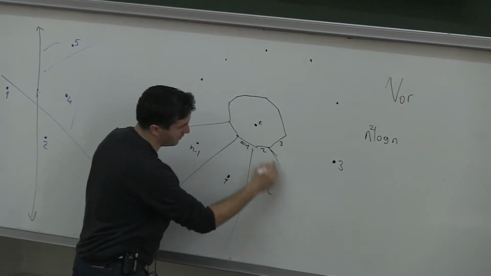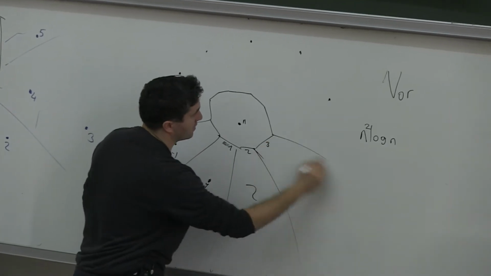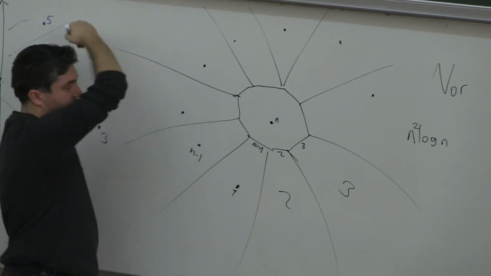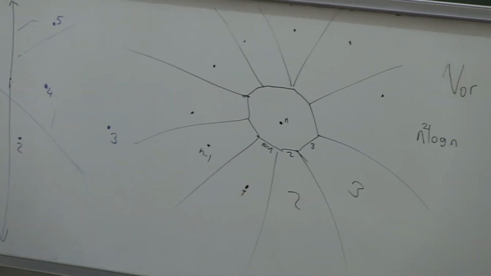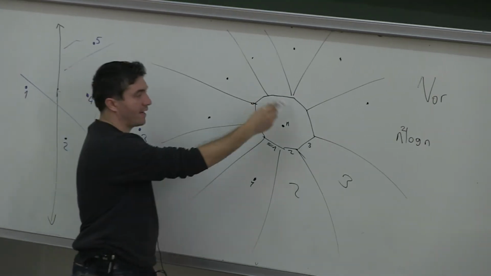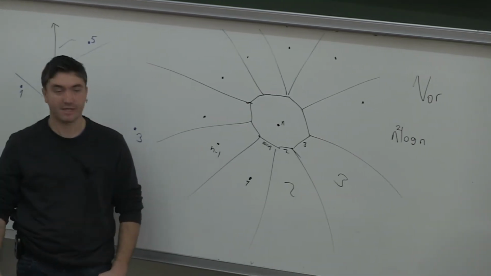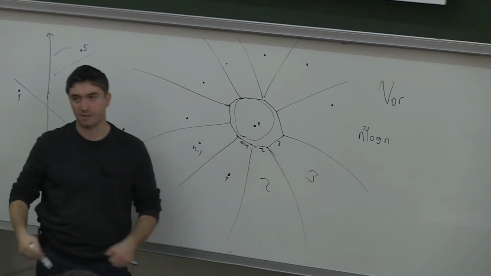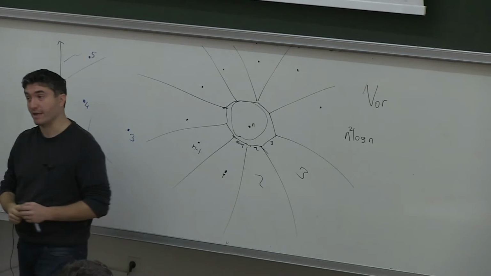So 2 is here, for example. 3 is here. So it's going to look something like this. Okay, I can have a Voronoi diagram in which one side has n minus 1, this face has n minus 1 vertices and n minus 1 edges.